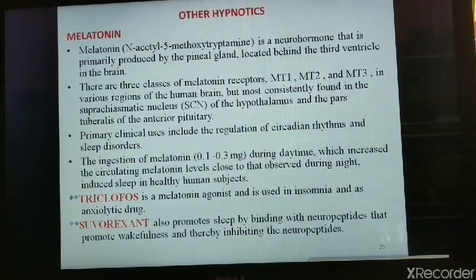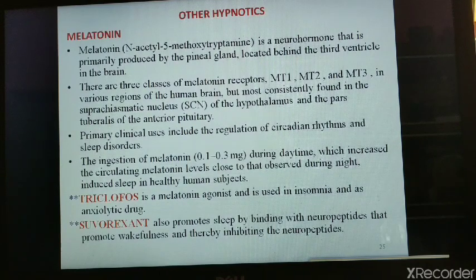Now, the last class of sedative hypnotic drugs are some other hypnotics, that is melatonin, triclofos, and suvorexant. Melatonin is the principal hormone of the pineal gland, is secreted at night, and has been found to play an important role in synchronizing the sleep-wakefulness cycle with the circadian rhythm.